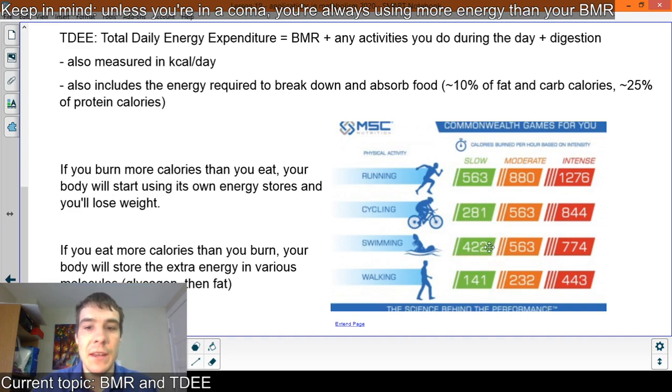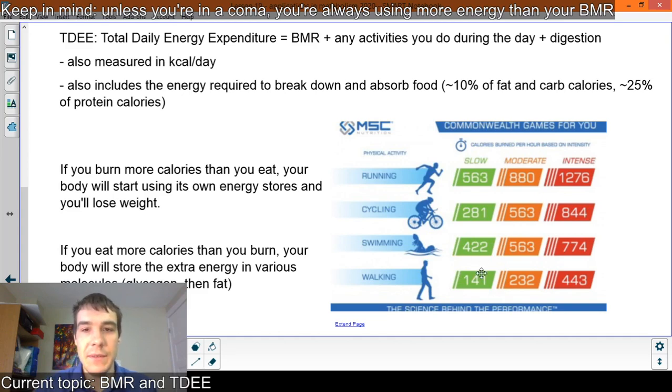If you're swimming, 402, and even just walking burns 141 calories an hour. As a reference, one can of Coke is like 160 calories. So you have to walk for an hour and a bit to use the same amount of energy that's in one can of Coca-Cola.